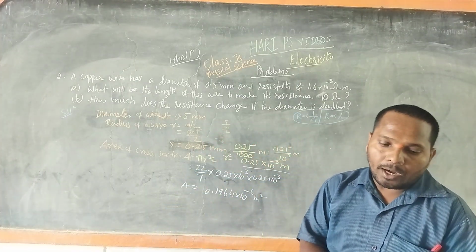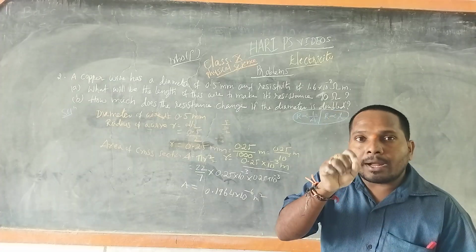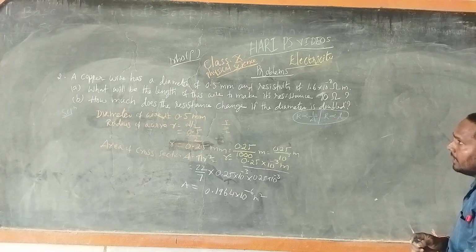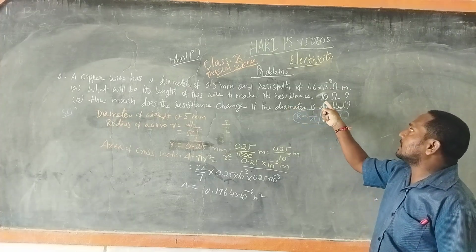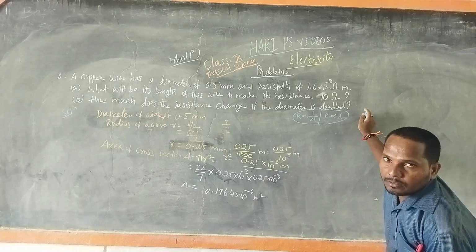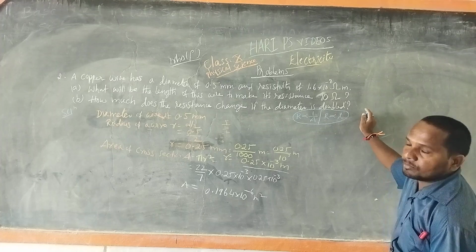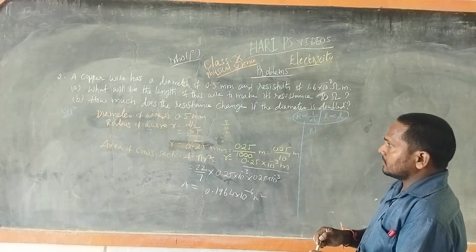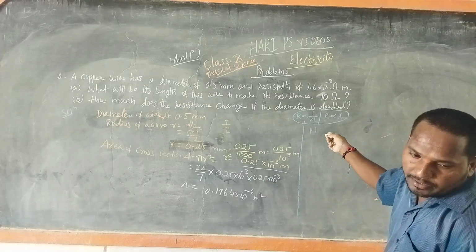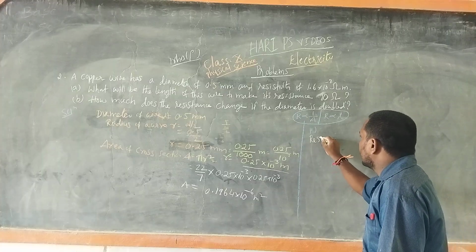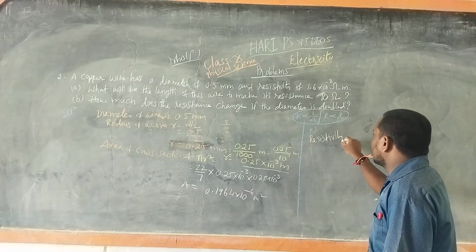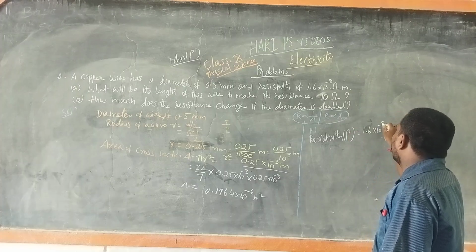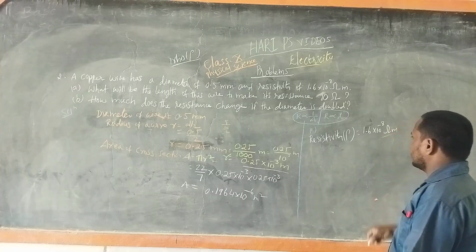Now what do we have to do? What is the length of a copper wire to make its resistance 10 ohms? Coming to the first part, we can write the resistivity rho is equal to 1.6 into 10 power minus 8 ohm meter.